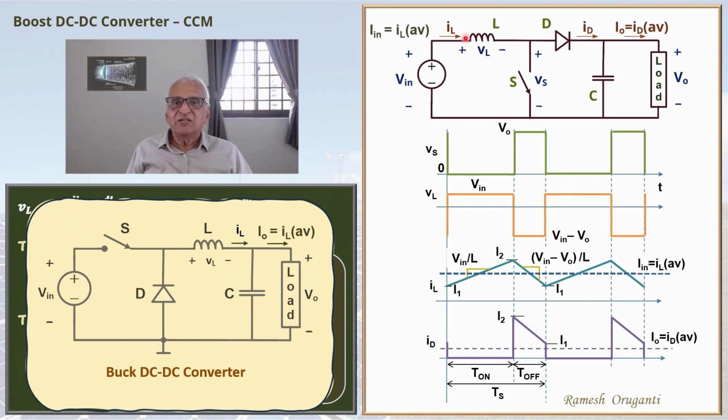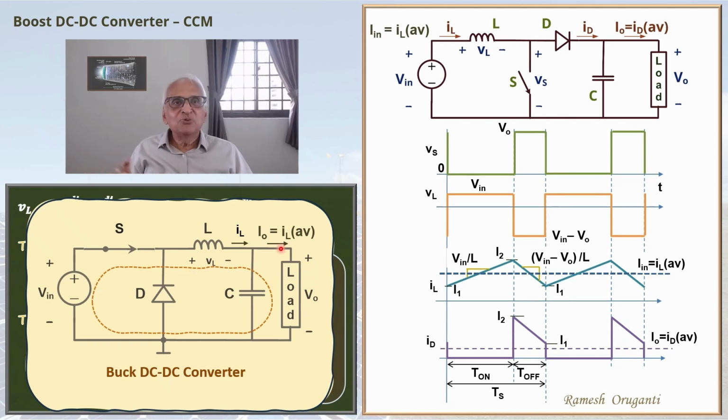In a buck converter, the energy transfer from the source to the load occurs when the switch is on. When the switch is on, the input voltage is connected to the load via the inductor. The difference between the input voltage and the output voltage is absorbed by the inductor. So the inductor bucks the input voltage.